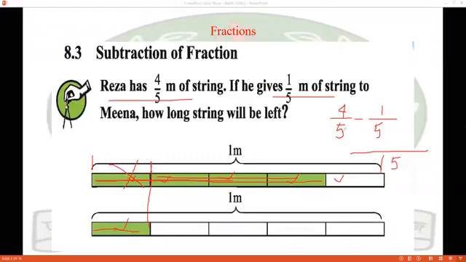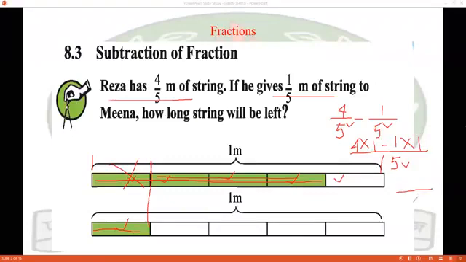We know the actual denominators are 5 and 5, and the common denominator is 5. So 5 divided by 5 we get 1. So we first write the numerator 4 into 1, where the 1 comes from dividing by the denominator, minus, when 5 divided by 5 we get 1 and the numerator is 1, so 1 into 1.